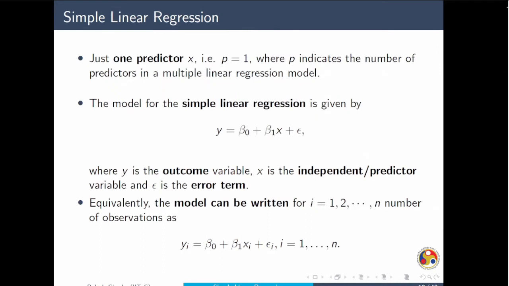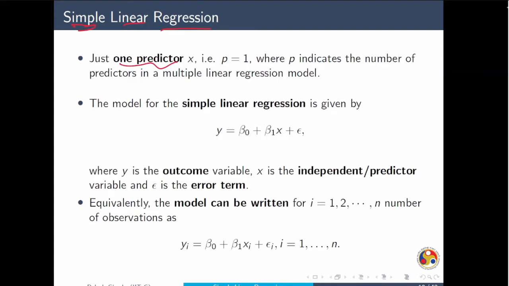Okay, now I'll explain all those things related to simple linear regression. So regression is a technique. Linear means linear in parameters, and simple means that we are talking about just one predictor here.